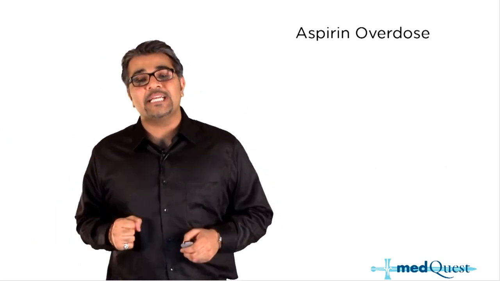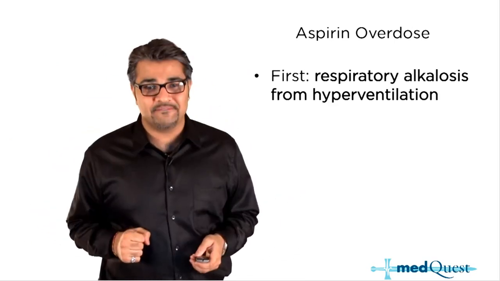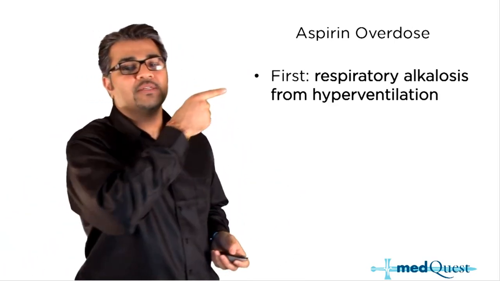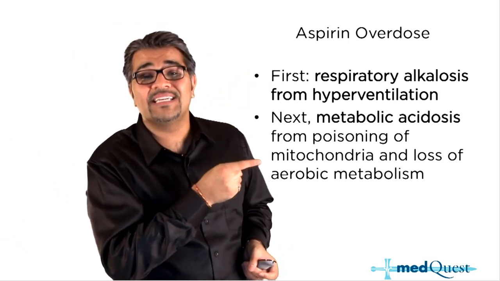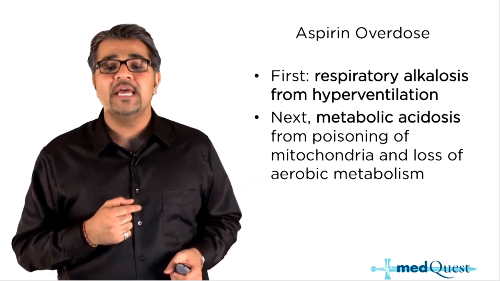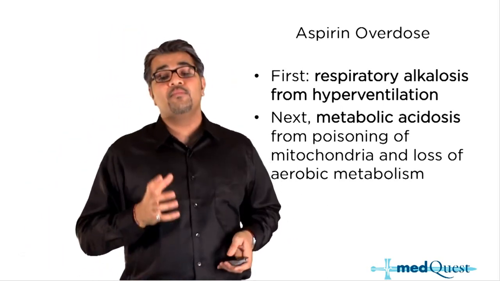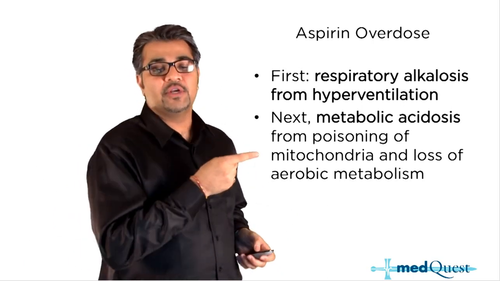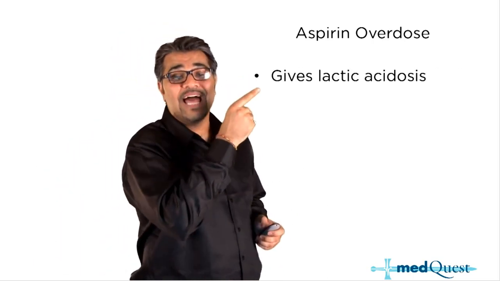The next is aspirin overdose. In an aspirin overdose, you actually start by hyperventilating first. You hyperventilate and cause a respiratory alkalosis. Then later you toxically kill your mitochondria. That's right, your mitochondria get poisoned like Romeo and Juliet. The mitochondria die, and therefore you start to lose your ability to have aerobic metabolism. You're going to form lactic acidosis.